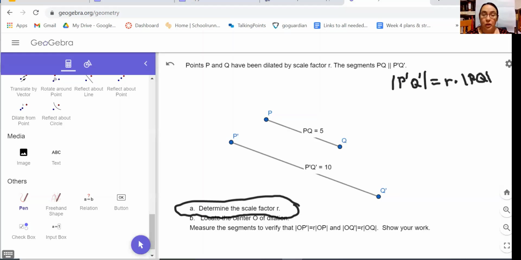Think for a moment. Looking at the picture, do you think the scale factor is greater than 1 or less than 1? If you guessed greater than 1, you're correct, and we are going to see why. Ask yourself and write in the chat, why should it be greater than 1?